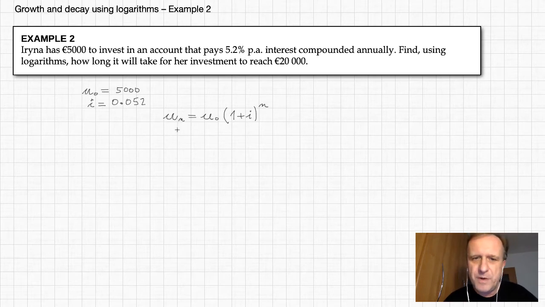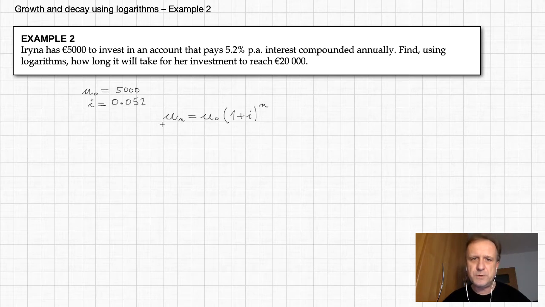Now, after 1 year, you increase it by a factor of 1 plus I, so it will be increased by 1.052. So you multiply it by 1.052 to get the value after 1 year. Then you multiply again after another year has passed, and so on, up until the n years. So after n years you have this amount here, u sub n.